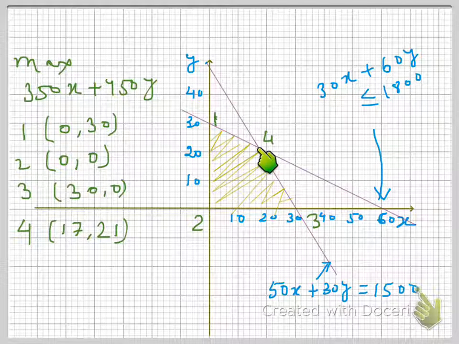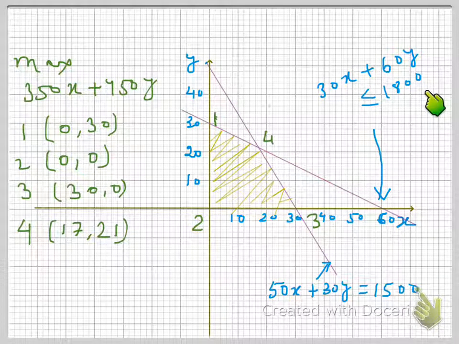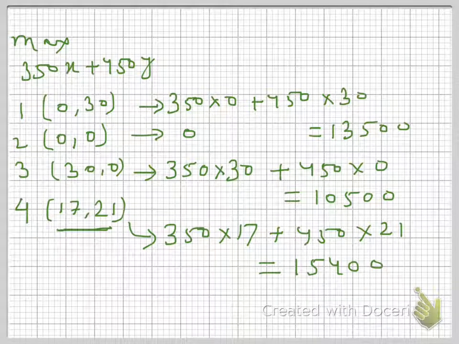You can get the accurate value by solving these two equations. That is, if you solve 50x plus 30y equal to 1500 and 30x plus 60y equal to 1800, then you will get a very accurate value. But approximately we can see that 15,400 is the profit which we can generate, somewhat higher than 15,400. The exact value comes out to be somewhere around 15,600.